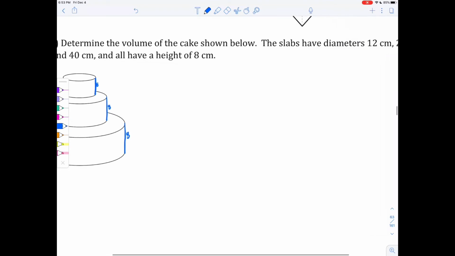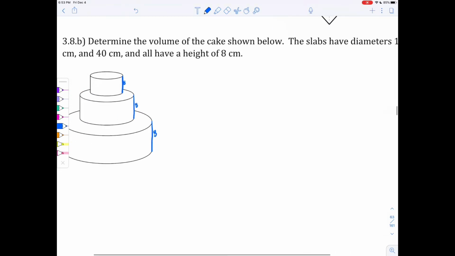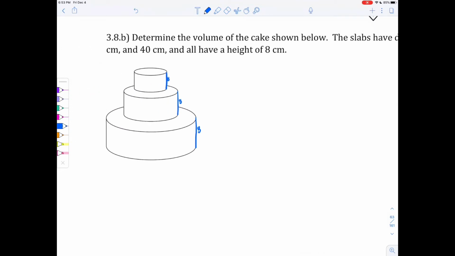But anyways, the slabs have diameters 12, 26, and 40. So, the smallest one is probably the 12. This next smallest one is probably the 26, and then this largest one is the 40. And we're going to determine the volume of this whole cake.